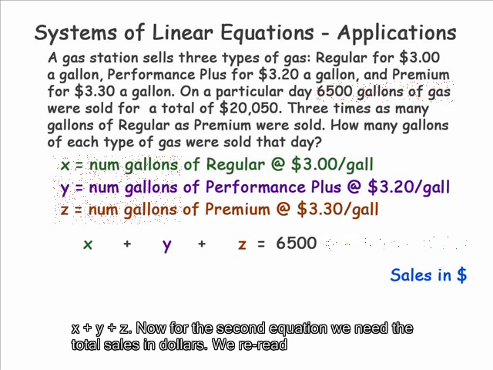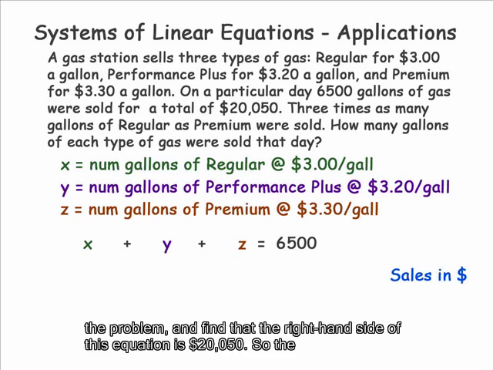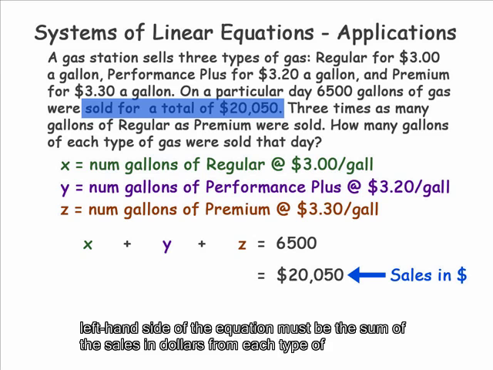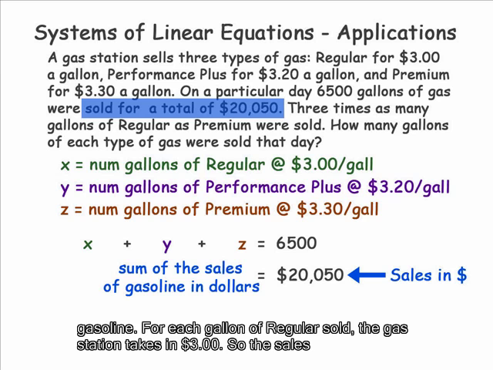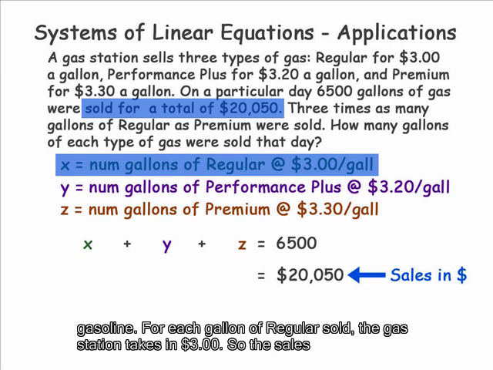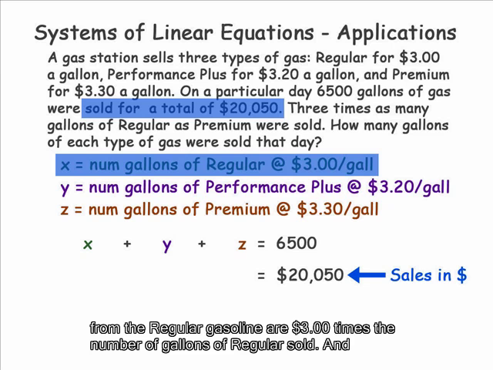Now for the second equation, we need the total sales in dollars. We reread the problem and find that the right-hand side of this equation is $20,050. So the left-hand side of the equation must be the sum of the sales in dollars from each type of gasoline. For each gallon of regular sold, the gas station takes in $3. So the sales from the regular gasoline are $3 times the number of gallons of regular sold.